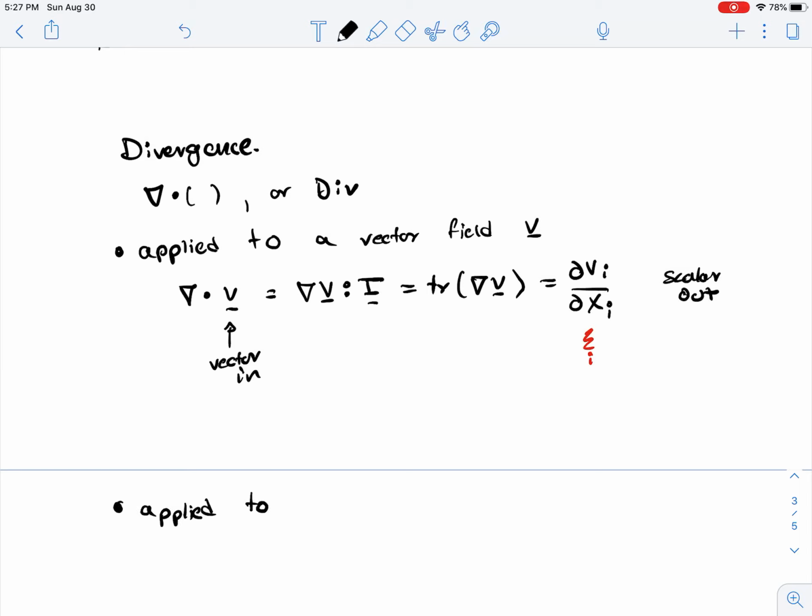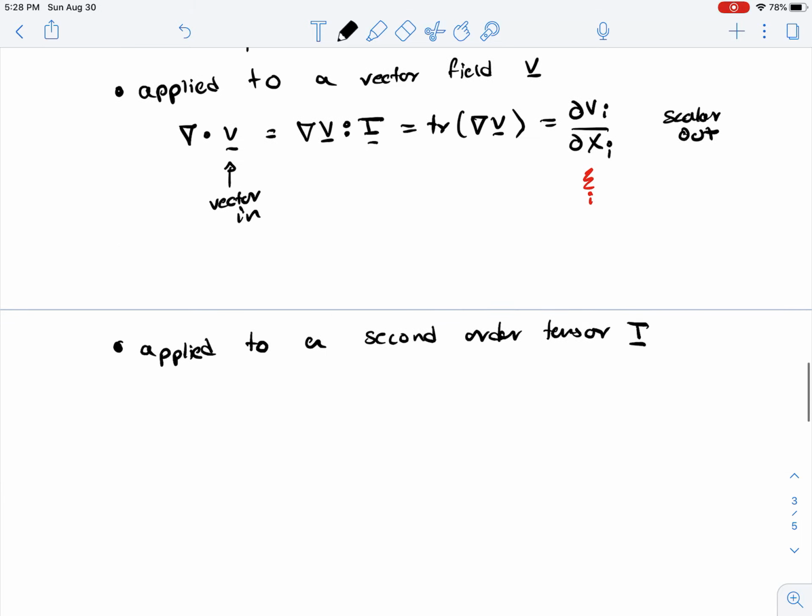Then what happens if I apply it to a second order tensor? As I said, I'm gonna get a vector field. So the divergence of a second order tensor is gonna be a vector field where I'm gonna take the partial derivatives of the components of T in the basis e_i e_j, and then I'm gonna basically get rid of one of the basis vectors.